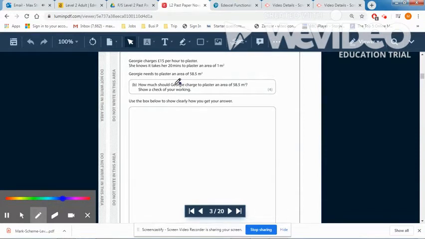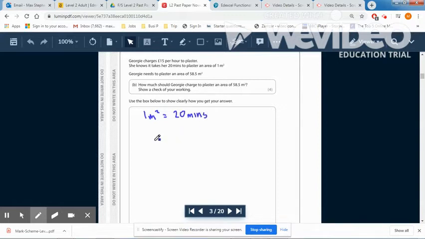Okay, so the second part of this question. Georgie charges £15 per hour to plaster. She knows it takes 20 minutes to plaster an area of 1 metre squared, and she needs to plaster an area of 58.5 metres squared. So how much should she charge? 1 metre squared is going to take her 20 minutes, and we need to find out 58.5 metres squared.